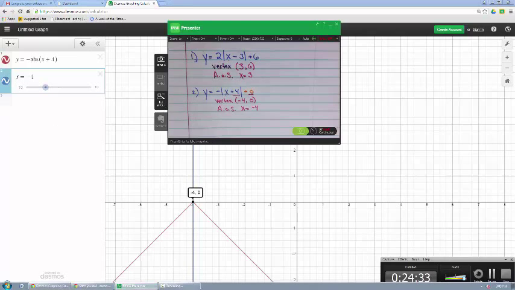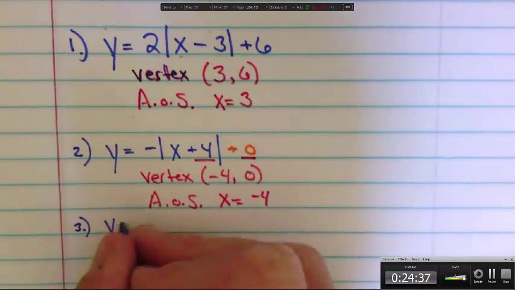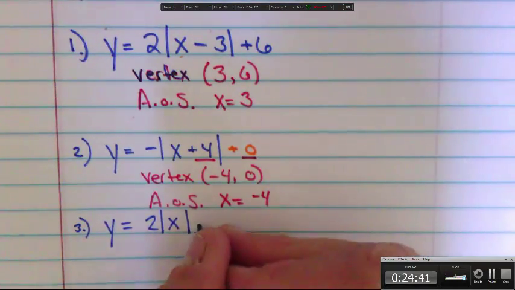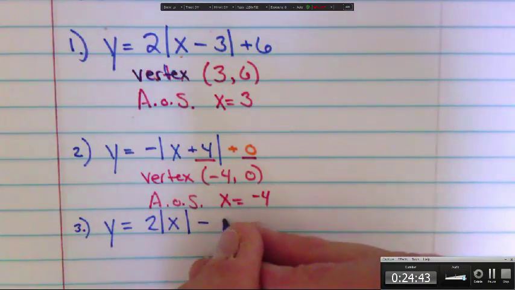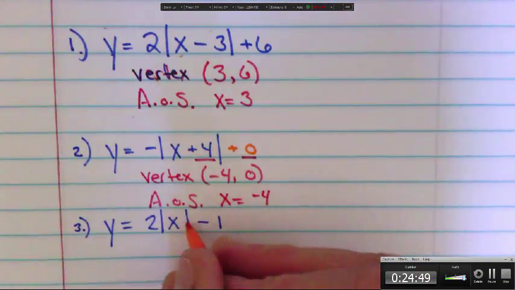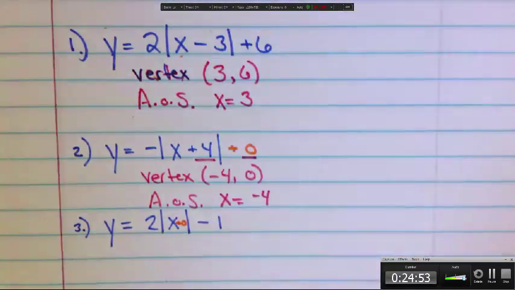All right, and then the last example for this section is going to be, what if we had y equals 2 absolute value of x minus 1. Same theory applies. Since there's nothing being added or subtracted in the parentheses, we'll put a plus 0 right here.